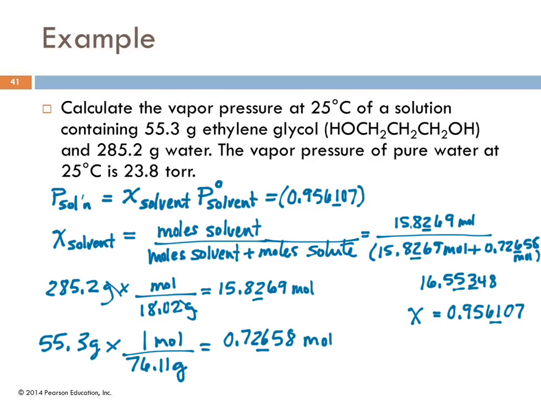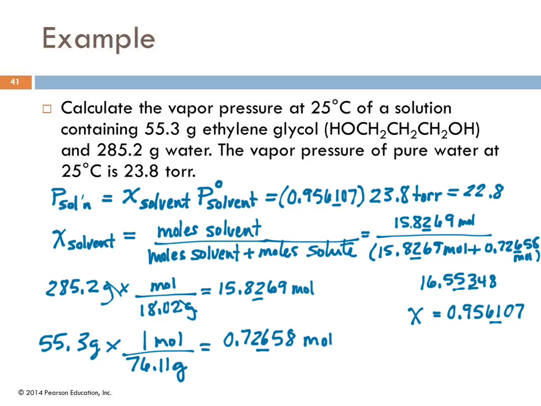That doesn't have a unit, times the vapor pressure of the pure solvent, which is 23.8 torr. So I'm going to take that number still in my calculator and multiply by 23.8 torr, and I'm going to get 22.8.